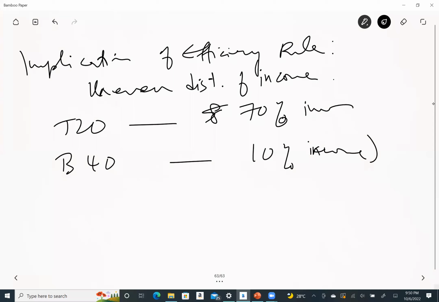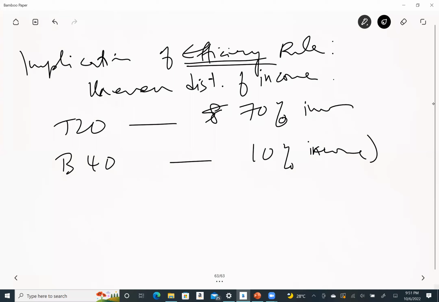All right. Now, when you do the taxation under the efficiency rule, what is the rule? What is one rule that we were talking about? You tax the goods based on what? You don't tax goods based on income, you tax income based on income.